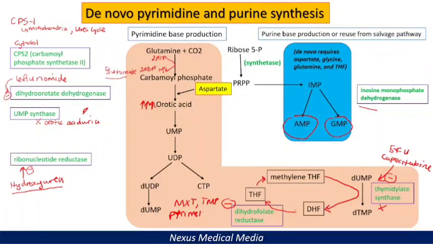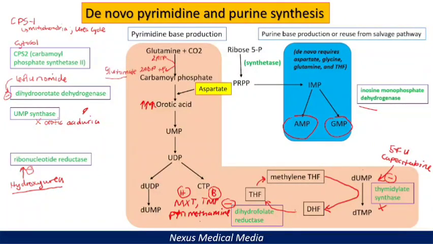So in their order, the first one will inhibit dihydrofolate reductase in humans. The next drug, trimethoprim, acts in bacteria.